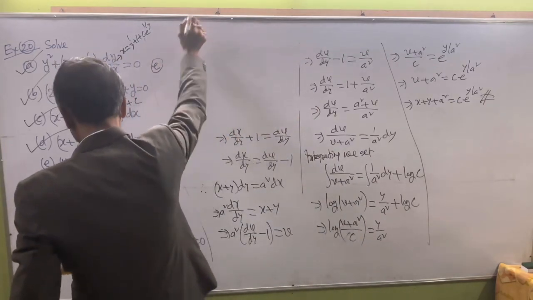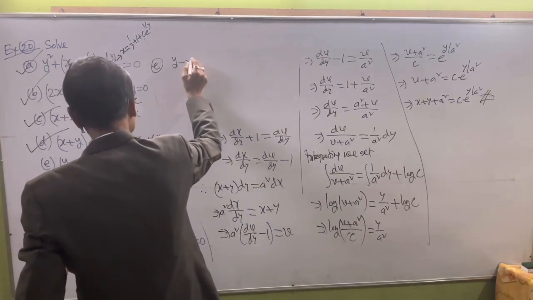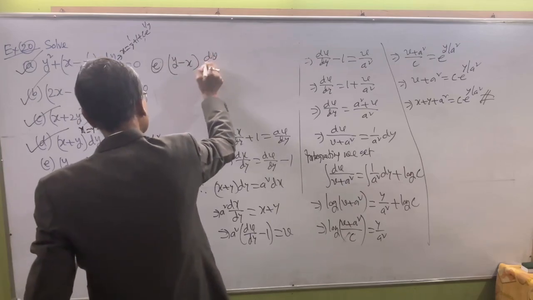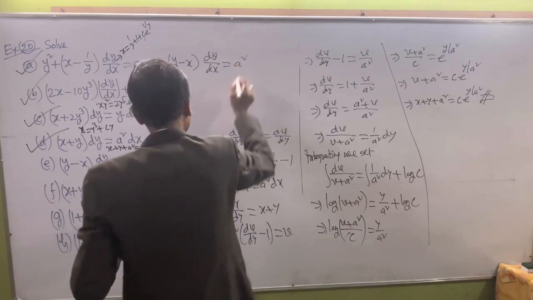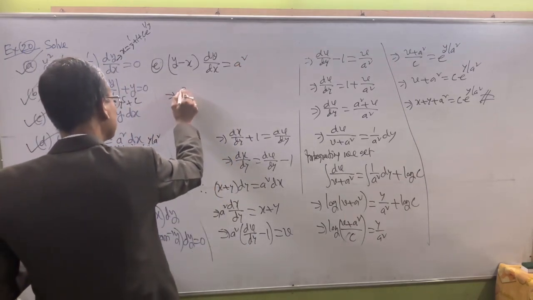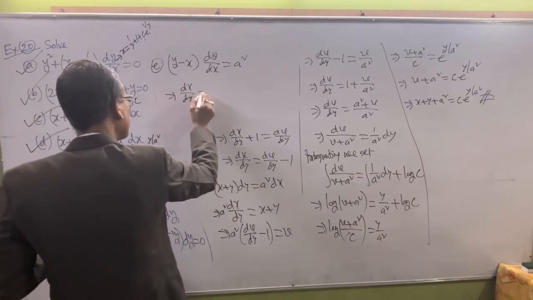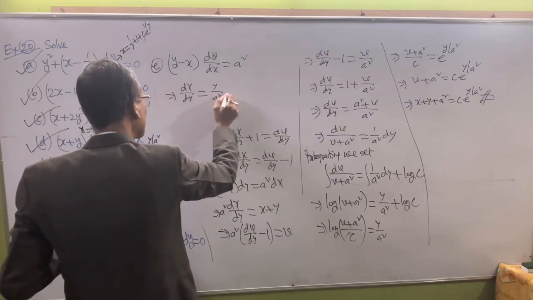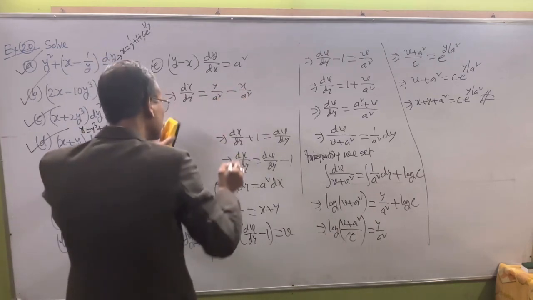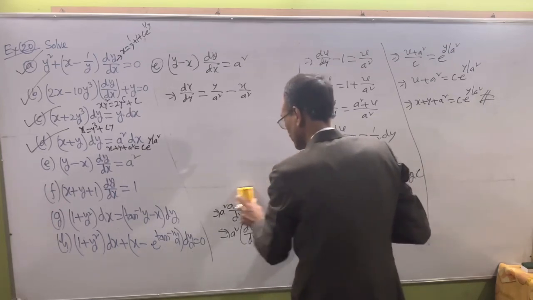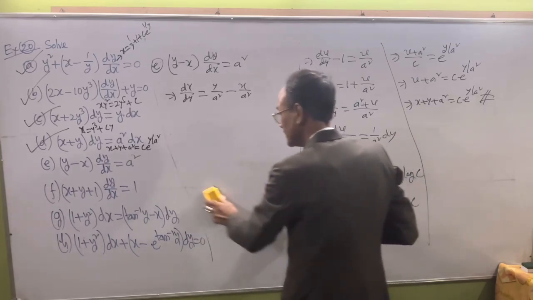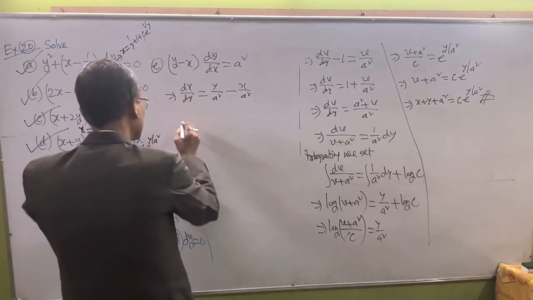E means y minus x dy by dx equal to a square. This means dx by dy equal to y by a square minus x by a square.